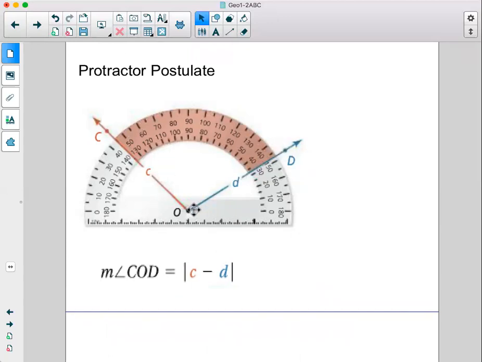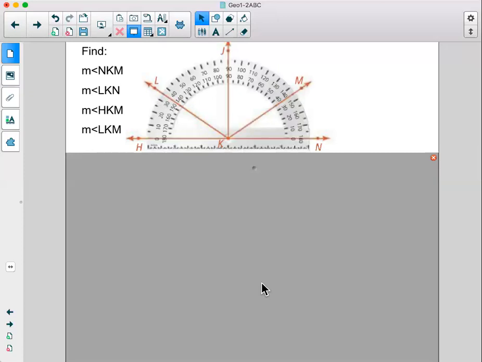You have to find the real number associated with each ray, and you can do them both on the outer or both on the inner. And then the measurement of that angle will be the absolute value of the difference of those numbers. So you are welcome to pause the video and practice finding the measurements of all 4 of these angles if you feel ready. Otherwise, feel free to watch one example before you do so.